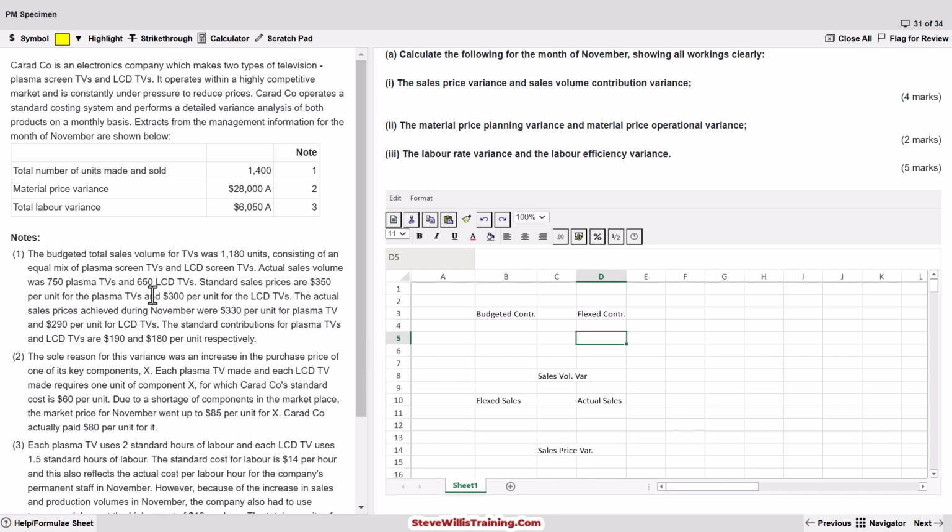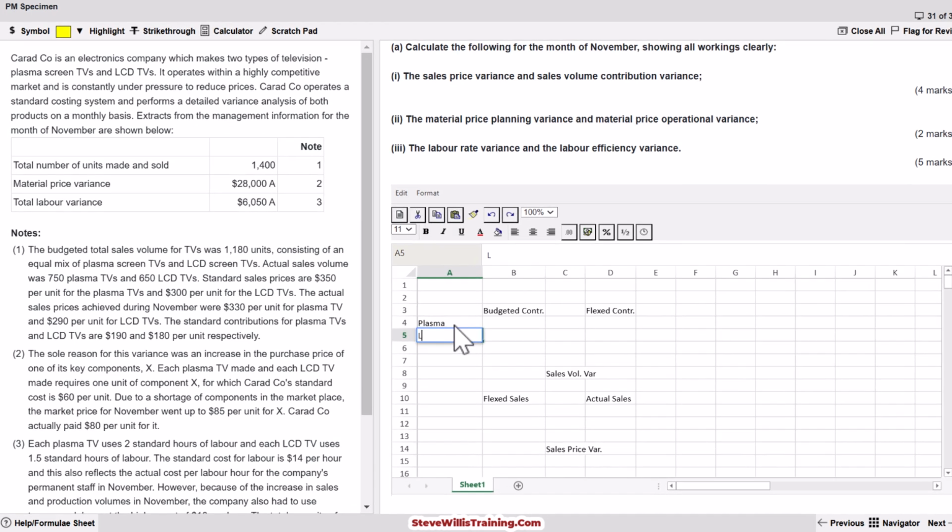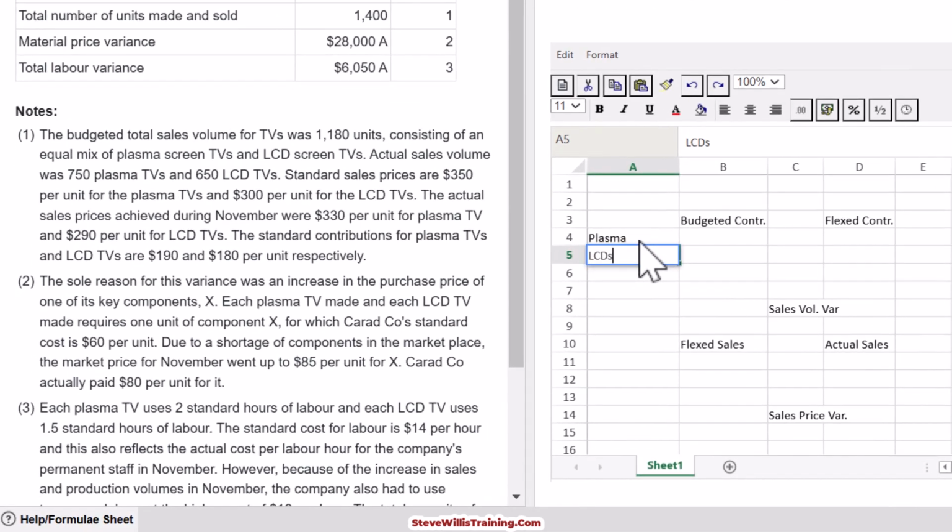Okay? So I learned that we have two products, so let's make a line for each product. We've got the plasma TVs. We've got the LCDs. And then we need a total. So budgeted contribution, we need to get the budgeted units.